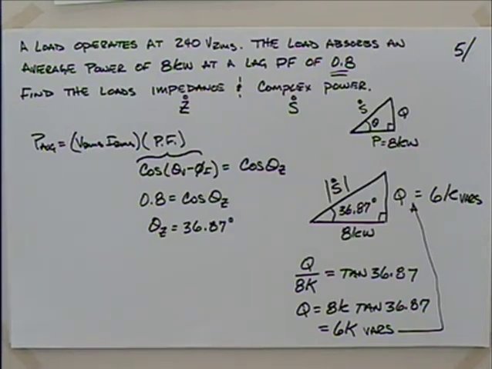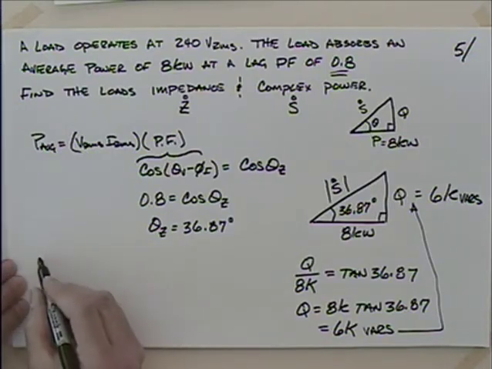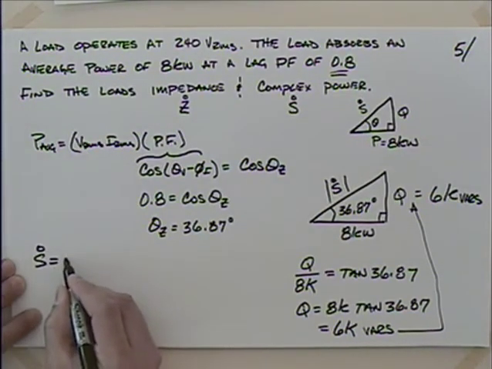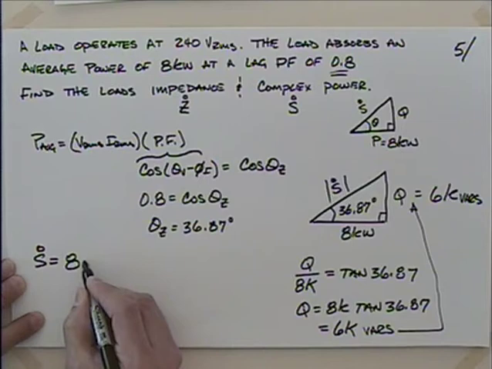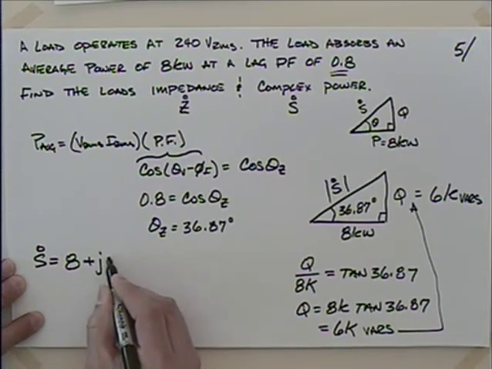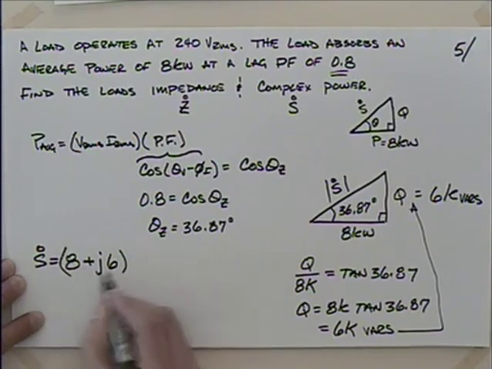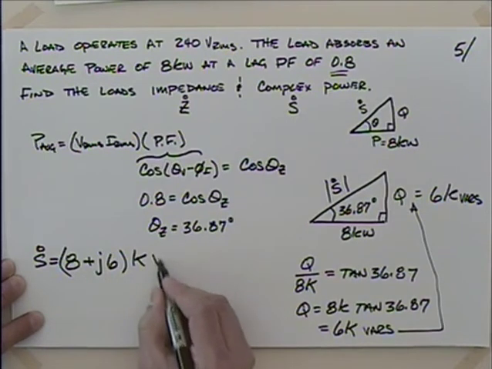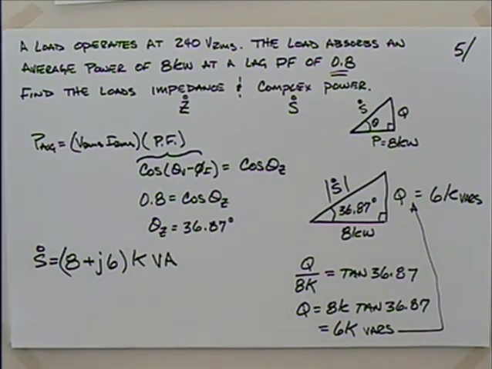So let's see. Do I know about S then? Yeah, I could write S in rectangular form, couldn't I? I could say that S is equal to 8 plus j6, and this would be kilowatt volt amps.